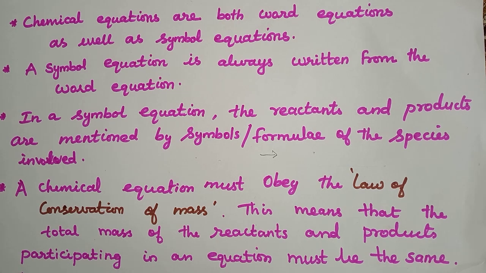It may be change in state, change in color, change in temperature or evolution of gas. Yes or no? And next we read about chemical equations. It has two types. One is the word equation, another one is the symbol equation.